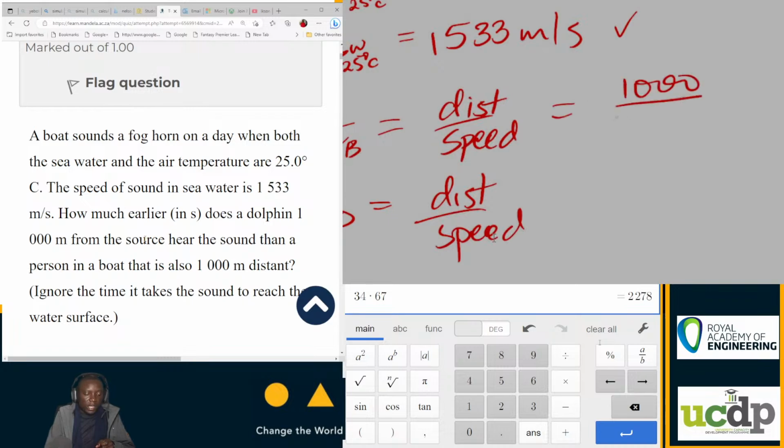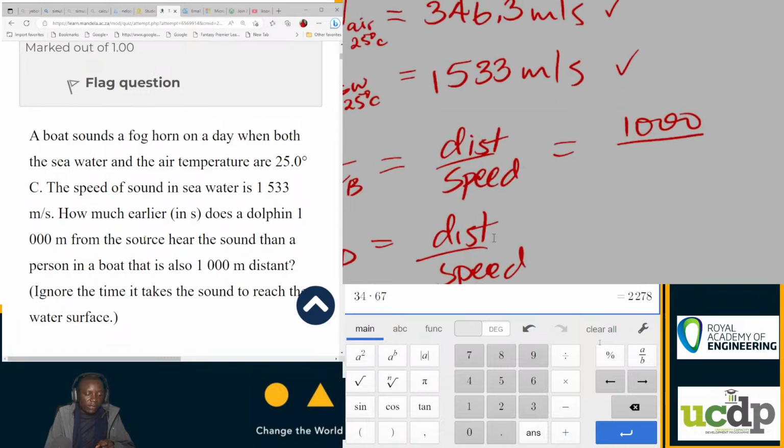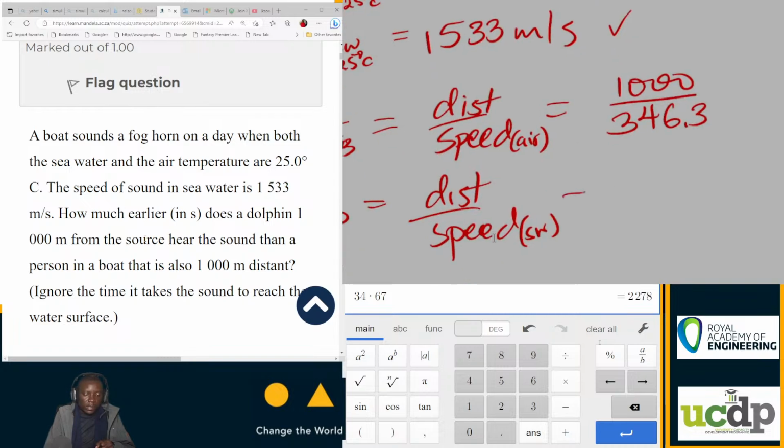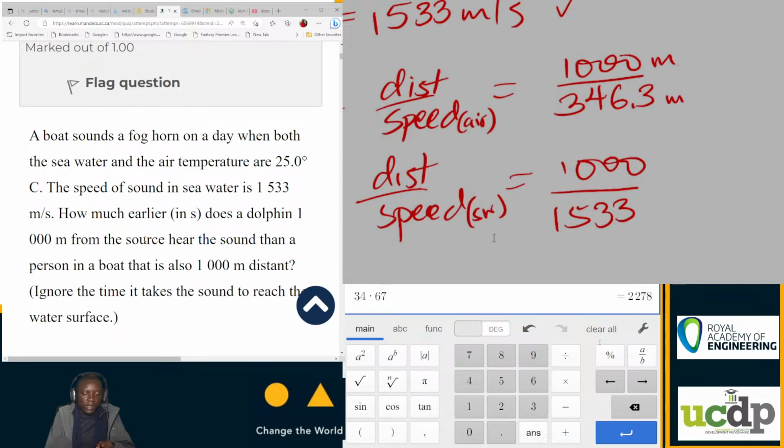The speed in air, V A, is 346.3. So for B, it's speed in air, and for the dolphin, it's speed in seawater. This is equal to 1,000 over 1533. That's meters over meters per second, giving us units of seconds.